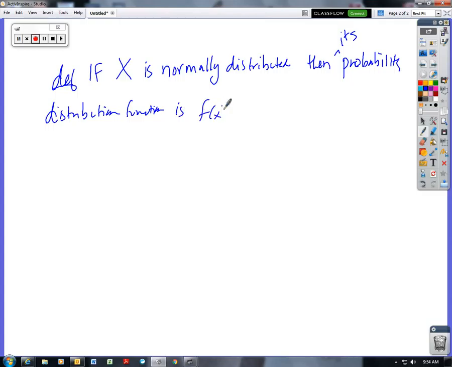is f of x equals, and get ready for this thing, 1 over sigma square root of 2 pi times e to the negative 1/2 times the quantity x minus mu all over sigma, all that quantity squared. Whew!